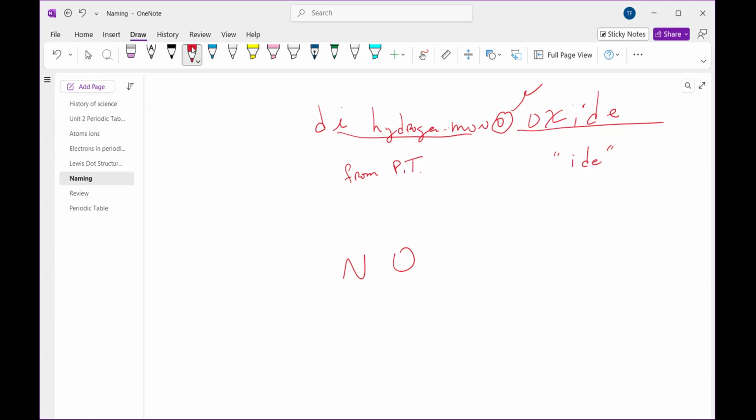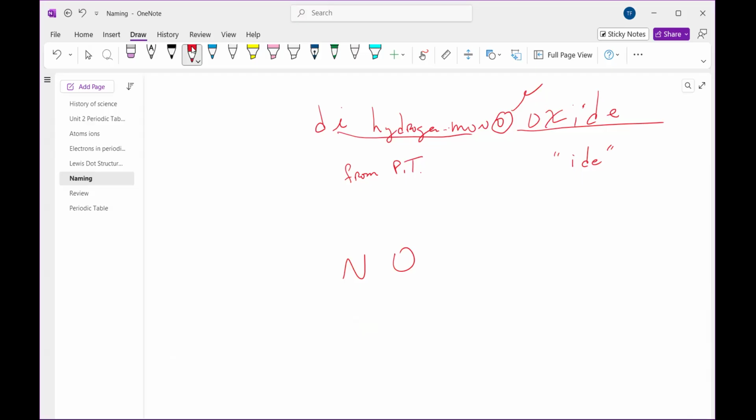Okay, let's look at this compound here. Anyone know what this is? It's called laughing gas. Nitrous oxide. Yes.